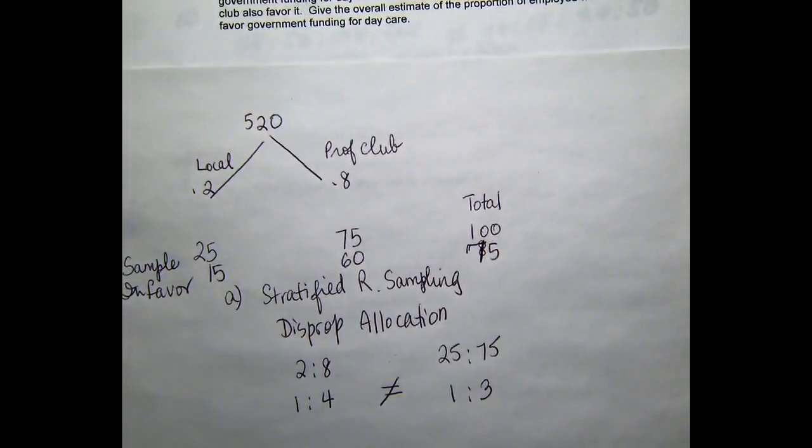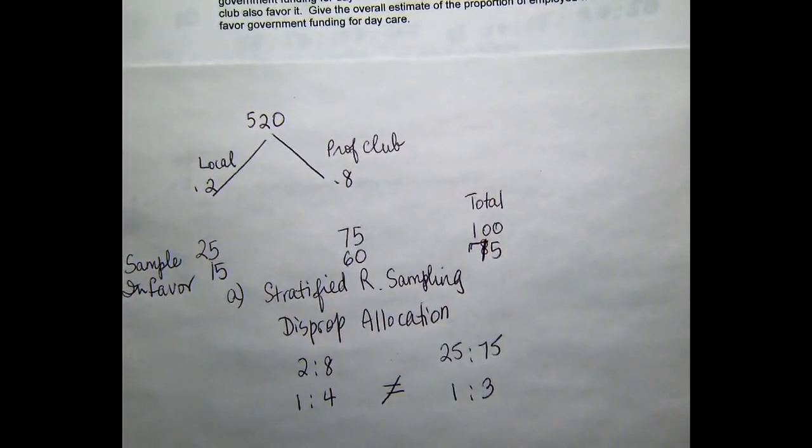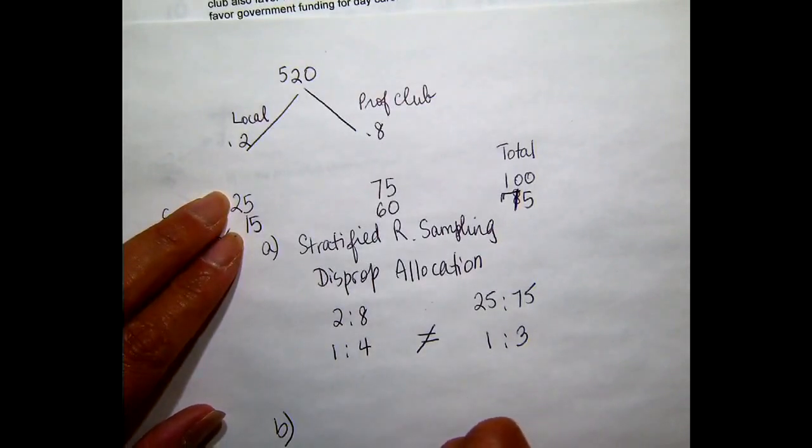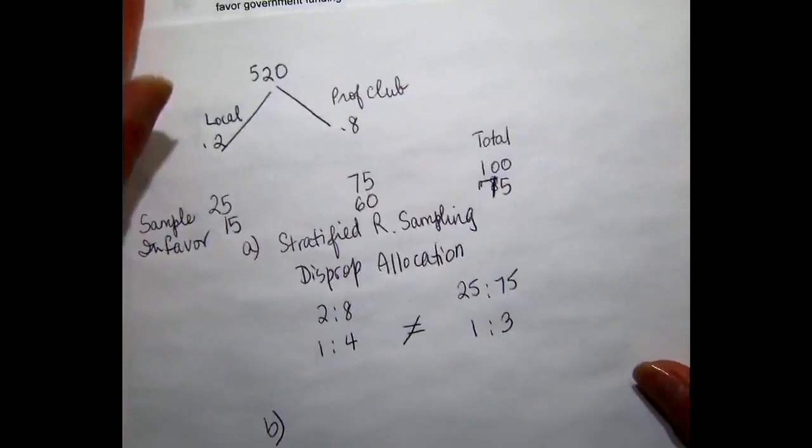And give the overall estimate of the proportion of employed women that favor government funding for daycare. So I have to do the in favor rate here. Shall I wait for you to do it, or should I just do this problem? Go do it, would you?